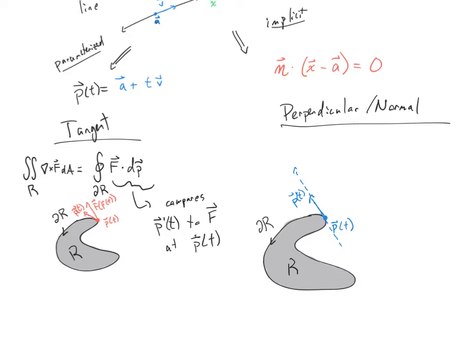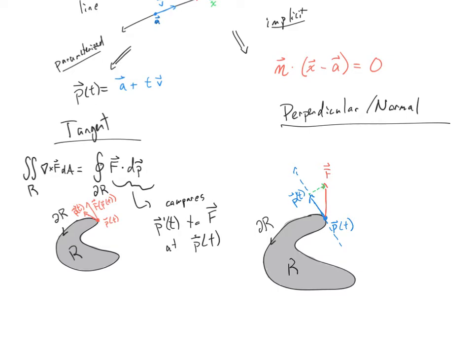And I want to ask, how much does F disagree with P prime of t? So I have F at that point, and I'm going to draw it in a different color. And I want to know how much it disagrees. And so that disagreement should be the amount of F that is orthogonal to P prime.